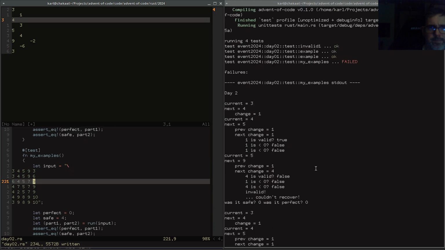So let's see here. Current is 5. That seems wrong to me that it couldn't recover.